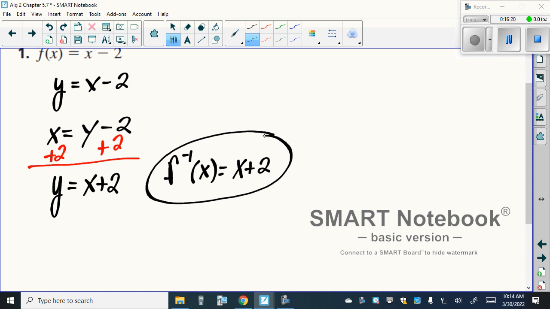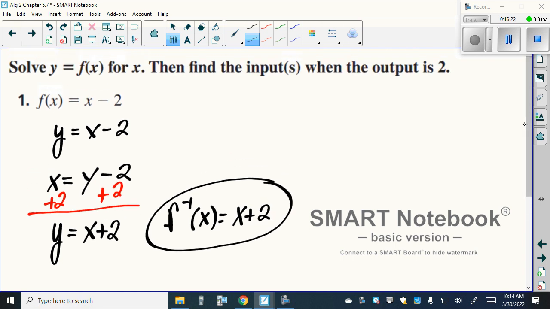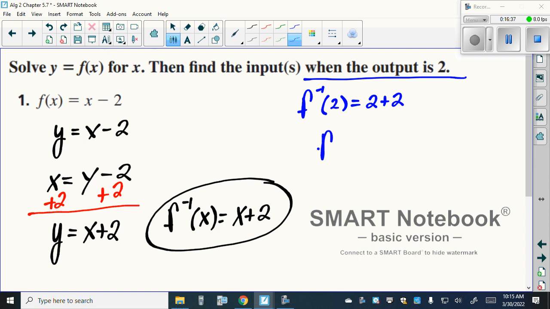And that right there would be our inverse. Now we just need to find the input when the output's 2. So we'd say f inverse of 2 is equal to 2 plus 2. Well, 2 plus 2 is 4. So f inverse of 2 is 4.